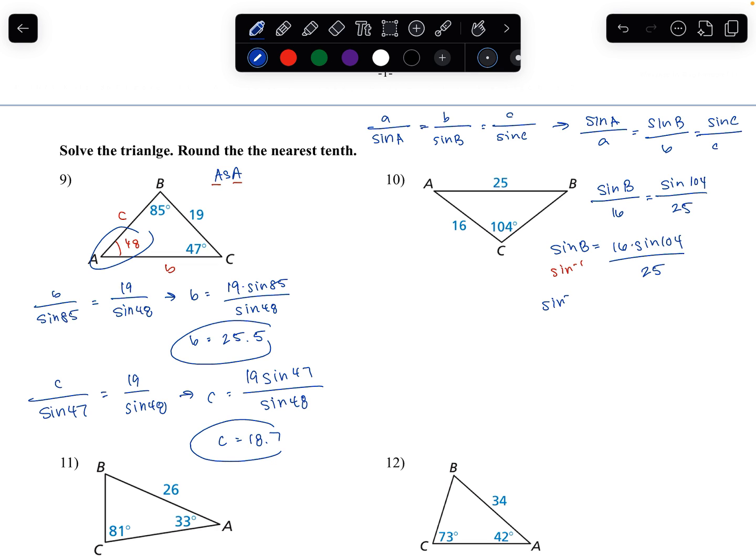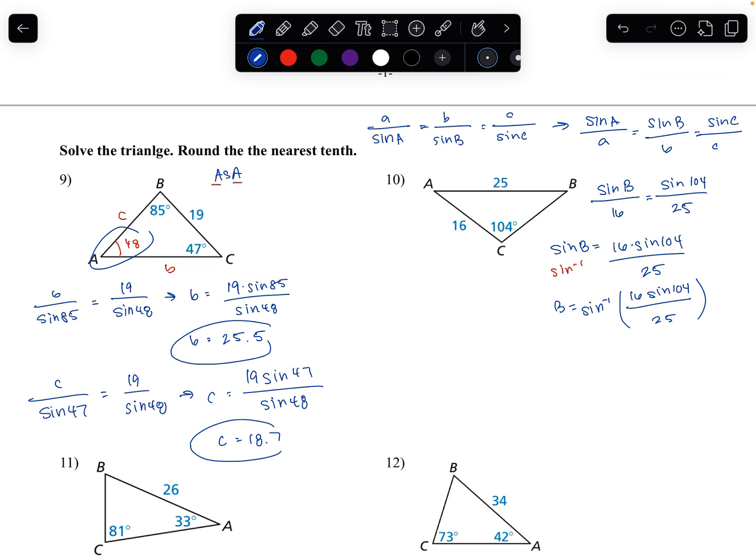So B will be equal to sine inverse. Because I'm using sine inverse to get rid of sine over here to get B by itself, I have to use sine inverse of all of this right here. So this is going to be equal to sine inverse of 16 sine of 104 over 25.